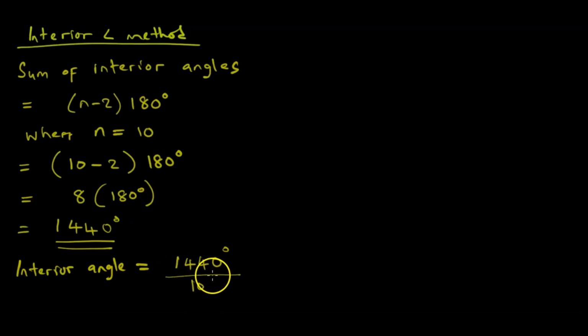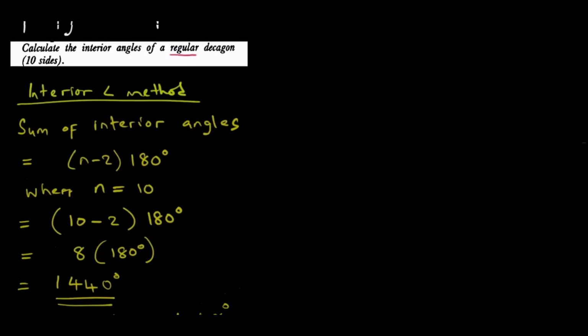If we divide by 10, which is the number of sides, we see that each angle is going to be equal to 144 degrees, and this is our final answer. So I hope you got it, especially the last part of finding what one angle is, using the information that our shape is regular.